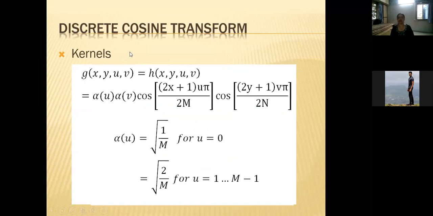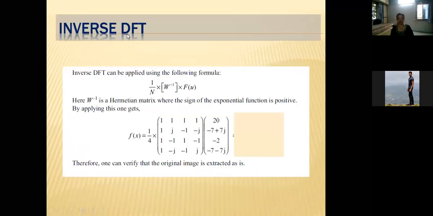Let us have a look at one more transform. As all of you know, the discrete Fourier transform has a real part as well as an imaginary part, because there is an e raised to minus j theta term. It has cos components as well as sine components.